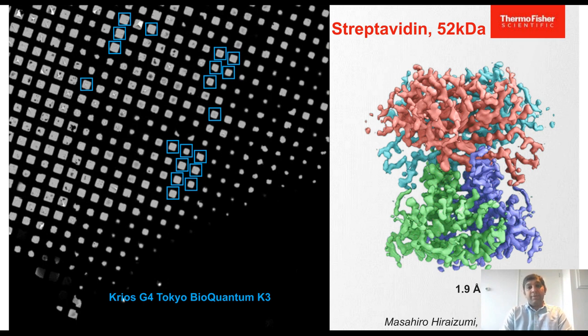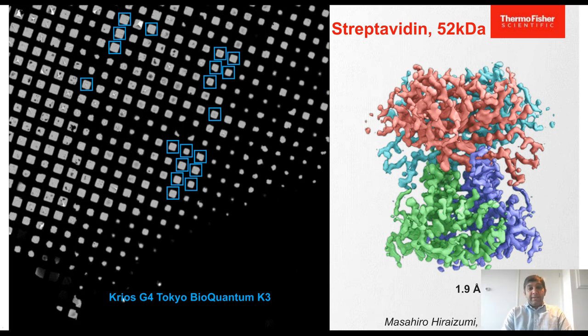This is already beautiful because this is the first structure of a sub-100 kilodalton protein going to sub-2 angstrom resolution. What we did next was even more exciting. They took this grid out from their autoloader in their lab in Tokyo, and they shipped the same grid to Netherlands, to me.